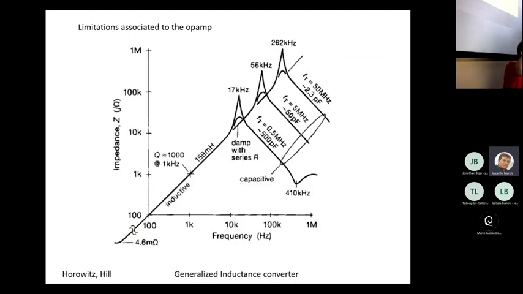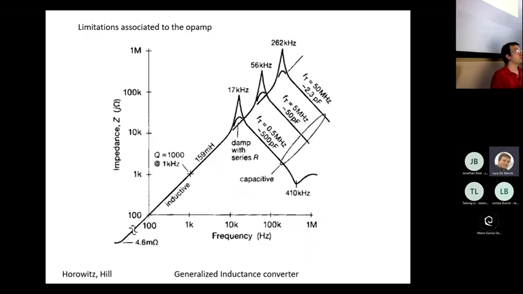An important concern when substituting the inductance with the Antonio circuit is related to the limit of the assumption that we made for the op-amp itself, that is infinite input impedance and virtual short circuit.